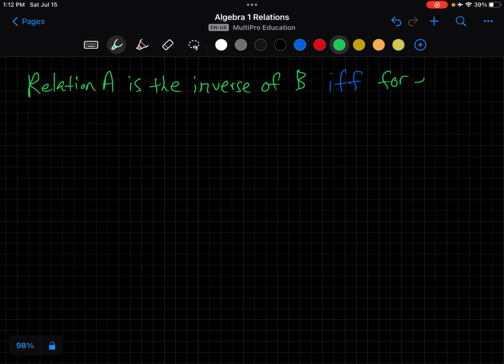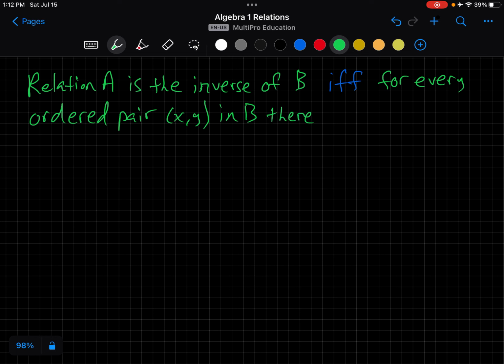So if and only if for every ordered pair x comma y in B, there is an ordered pair y comma x in A.